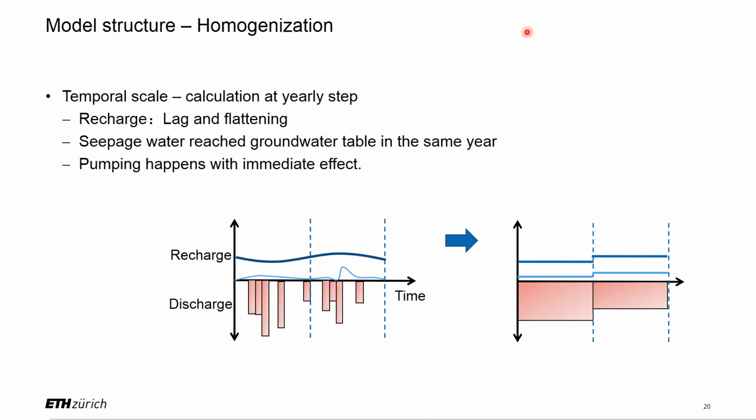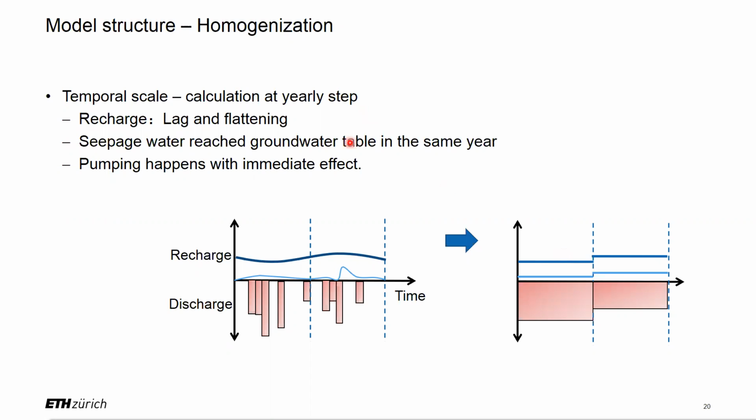Now let's look at the homogenization of the box model. Because the box model looks at the object as a whole, we only calculate the box model at a yearly step. For recharge, as introduced in the previous slide, the water flux entering the groundwater table is flattened, and we take the average of the last 5 years to calculate the infiltration of this year.